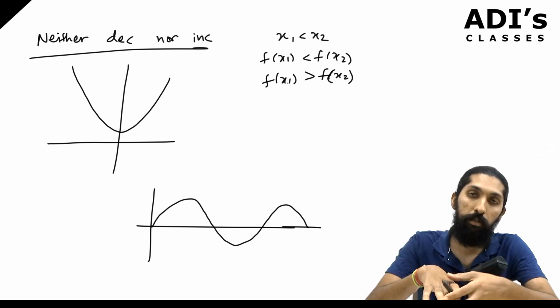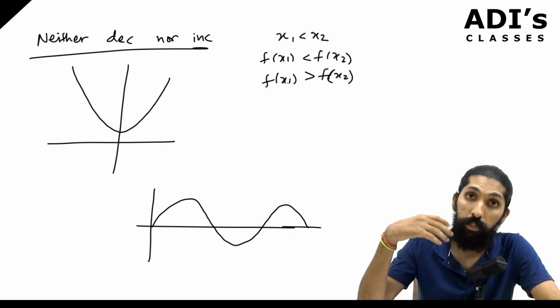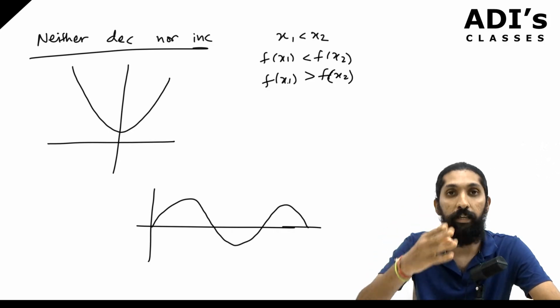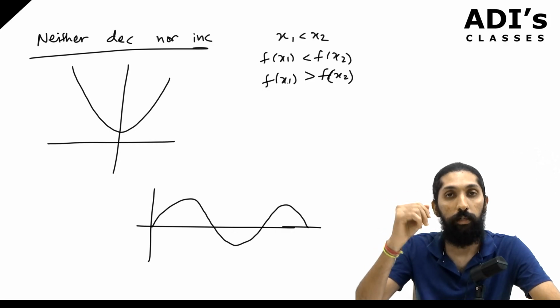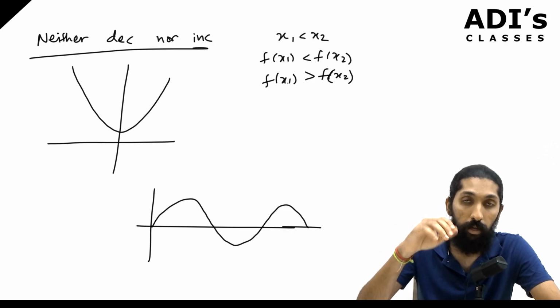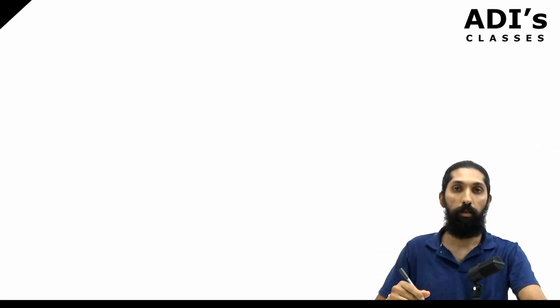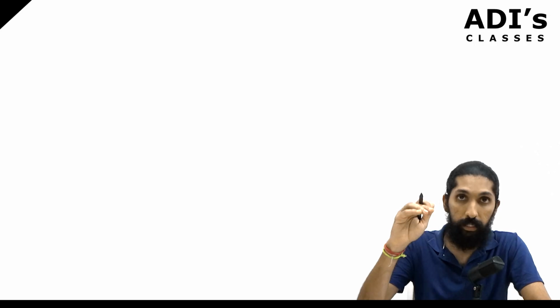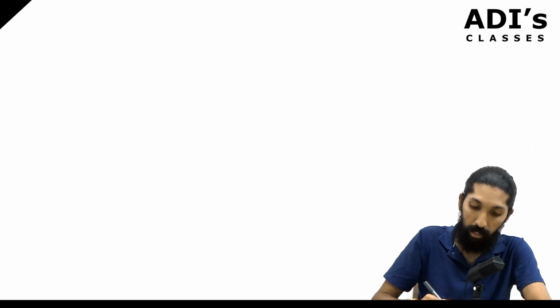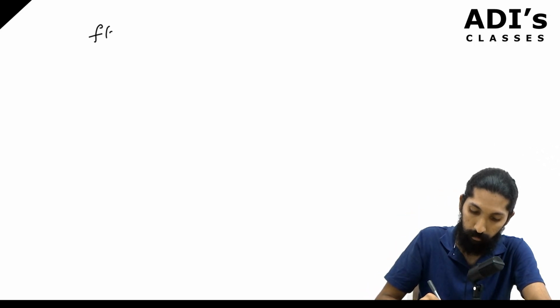Now the chapter or the topic name is application of derivatives. And here we are looking at functions, whether increasing, decreasing and all. Let's understand how we use the derivative to understand this. All right, now let's do the derivative part. Say you have a function f of x.